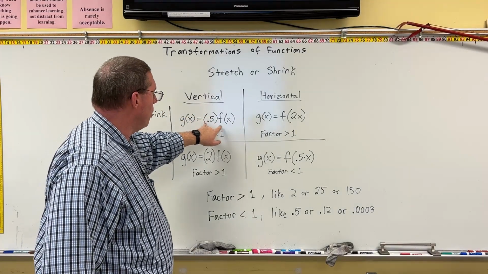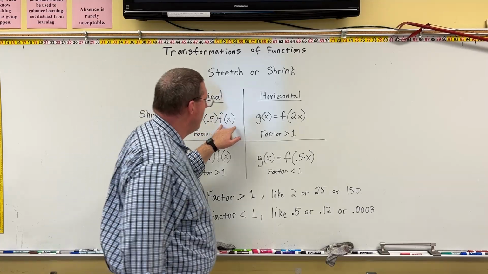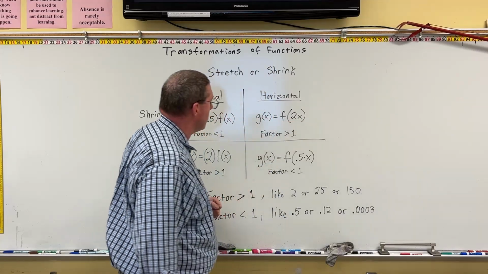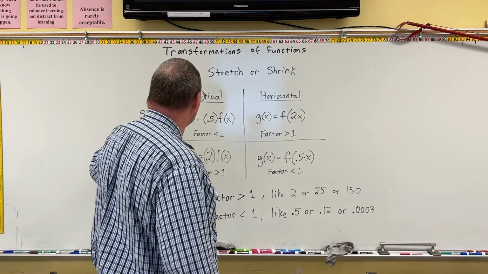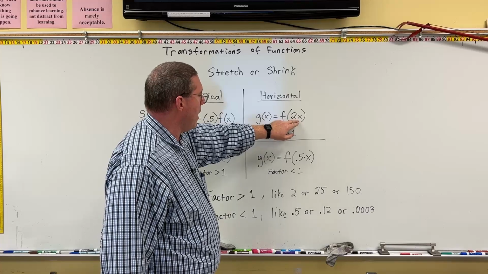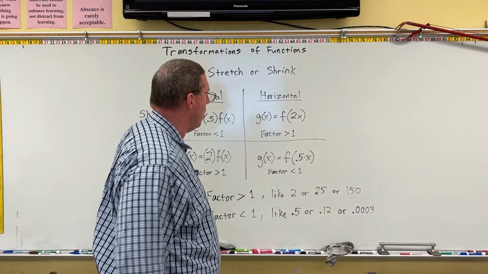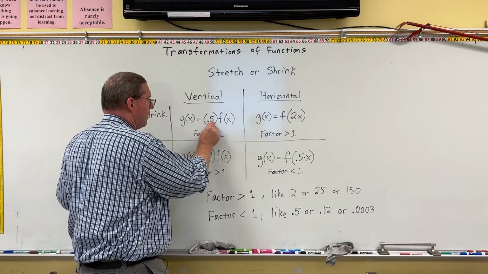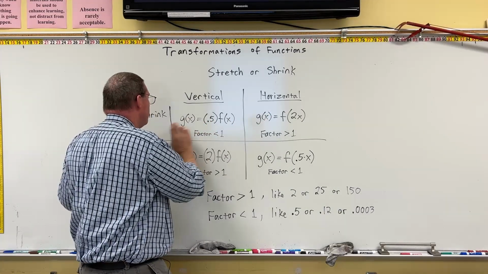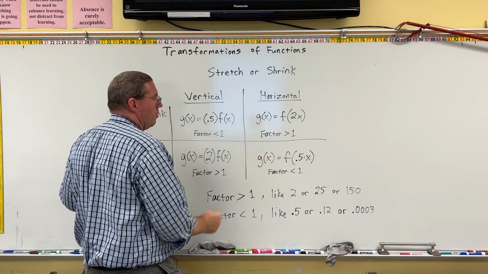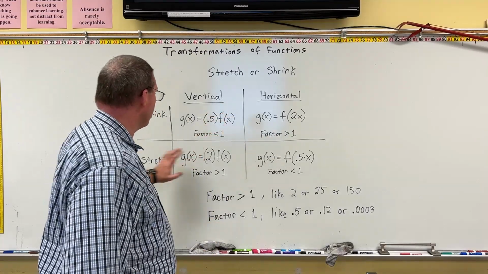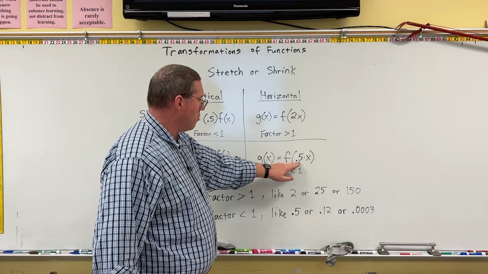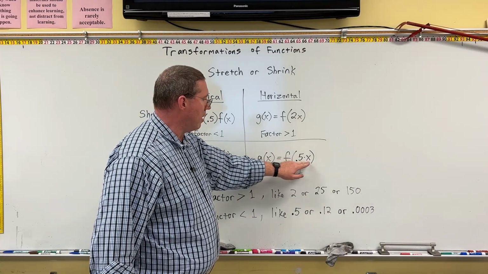So here, we multiplied by the whole function, but in a horizontal transformation, we're only going to multiply by x. To get a horizontal shrink, you're going to multiply the x by a factor that's larger than 1. So don't get this mixed up. A vertical shrink is a factor less than 1, but a horizontal shrink is a factor greater than 1. And then, of course, for a horizontal stretch, it's going to be a factor less than 1, like 0.5. So we would multiply 0.5 by just x.